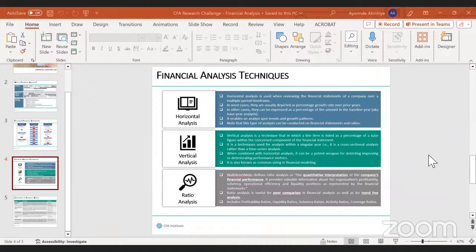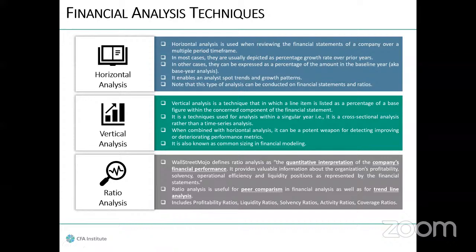So I was on ratio analysis. Sorry for the break. Quickly on ratio analysis, I explained that it's basically a quantitative interpretation of a company's financial performance. If I give you a model that contains just ratios for a particular company, it should be able to tell you how that company is performing.